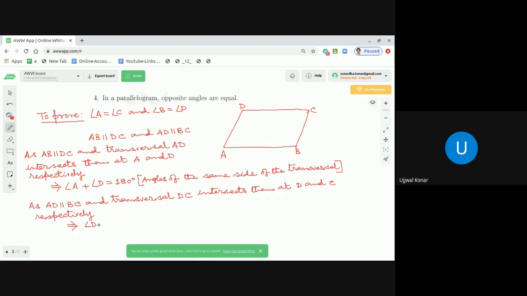So angle D plus angle C is equal to 180 degrees, using the same logic as I said earlier, that angles on the same side of the transversal.